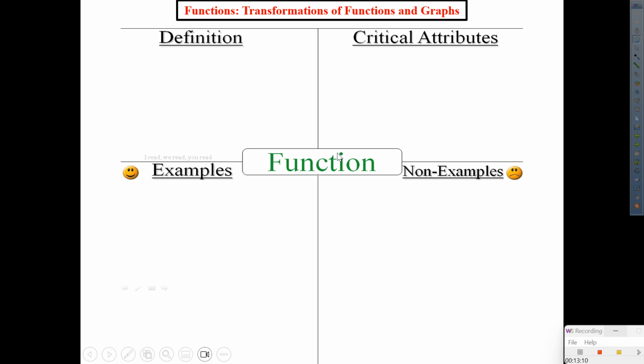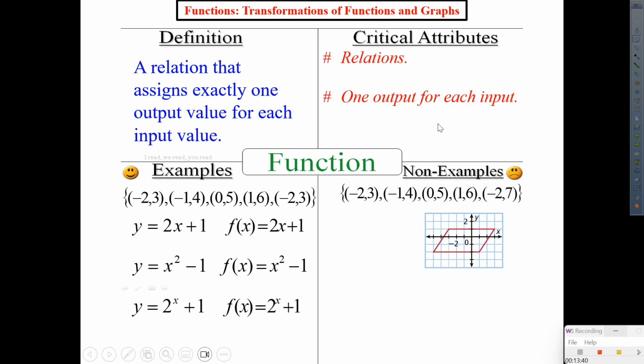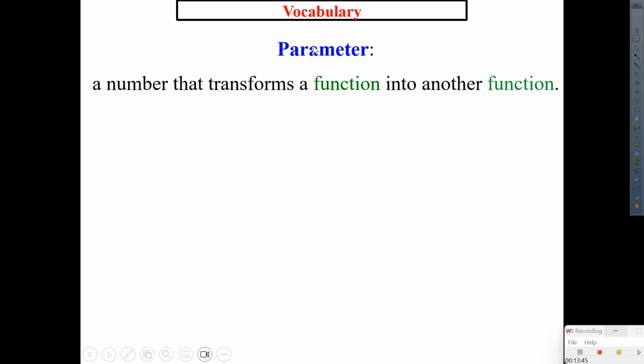David, go. For every input there's an output. Okay, I'll take that. Exactly 1 output for each input. And then parameters. We talked about parameters. Yes, it's a number that when you do something to a function, given that number, it makes a new function.